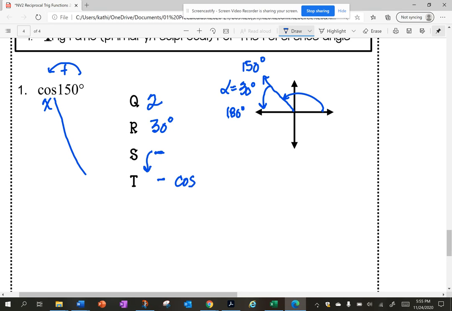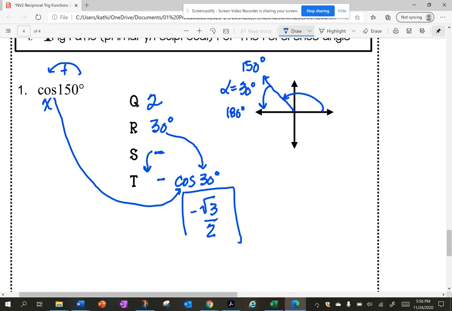So I'm bringing cosine down here, 30 degrees. So from my unit circle, I know that my cosine of 30 degrees is the square root of 3 over 2. So I want negative square root of 3 over 2 as my answer. So I'm interested in exact answers, nothing rounded.